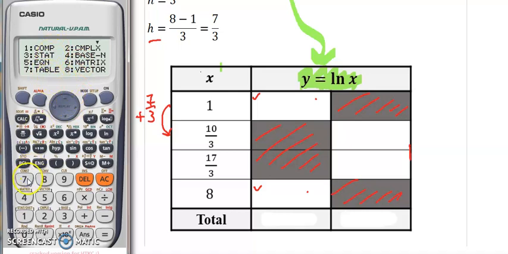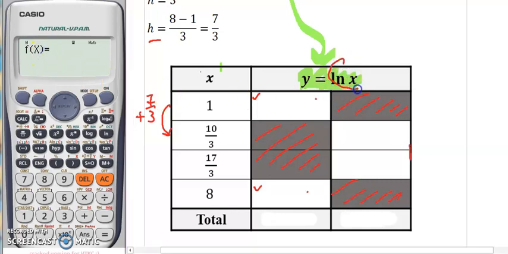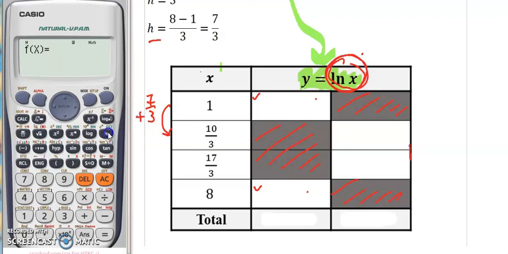So option 7. Then fx equals will come out. This fx refers to the function that we have in the integral. So we insert ln x.